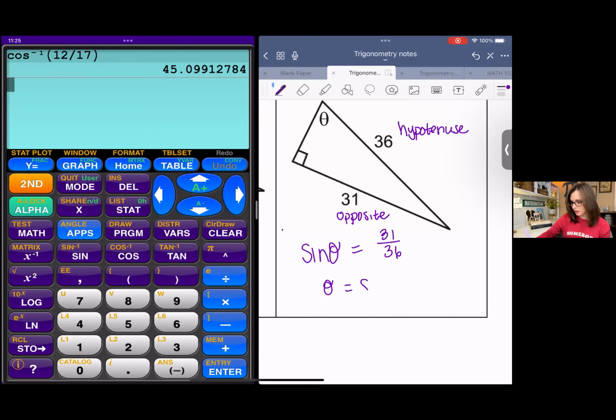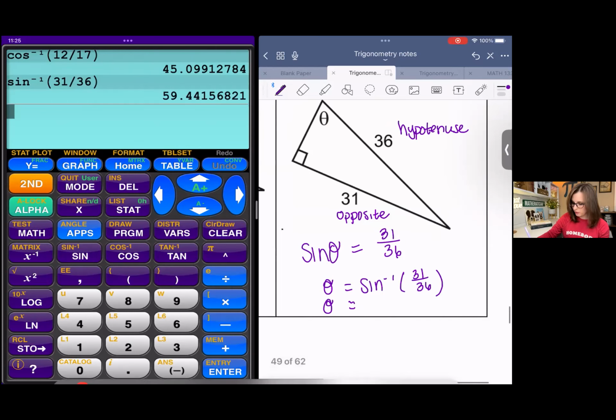Inverse both sides. This would be an exact solution. And then if we type that in, make sure you're in degree mode still. Second sine, there we go. 31 over 36 is about 59.4 degrees. And that's all.